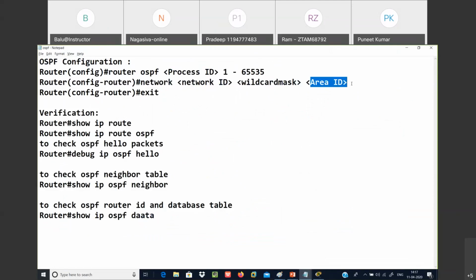The default area ID is 0. What is an area? Today we'll clearly discuss this. And verification commands like show ip route ospf, debug ip ospf hello. In some packet tracer software this command will not be supported, so today I will give the alternate command. And show ip ospf neighbor, show ip ospf database. All the verification commands.